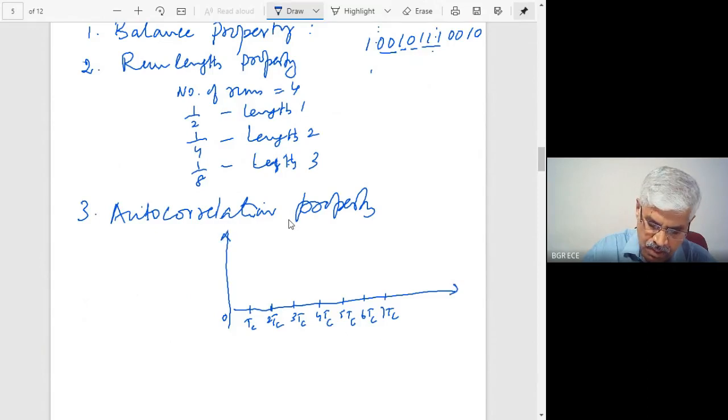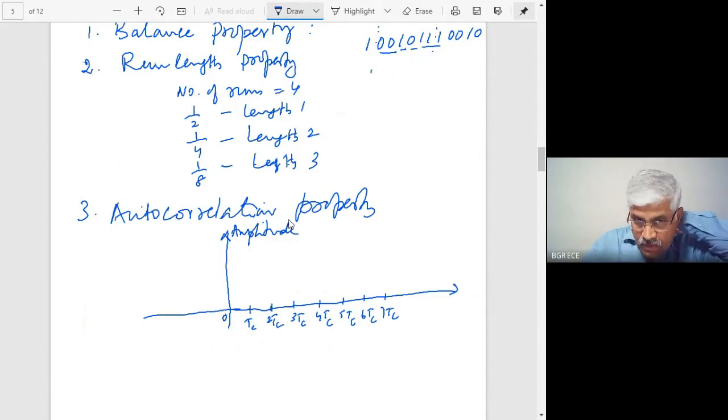This is the amplitude, let us say, the correlation amplitude. So the autocorrelation output will look like this.